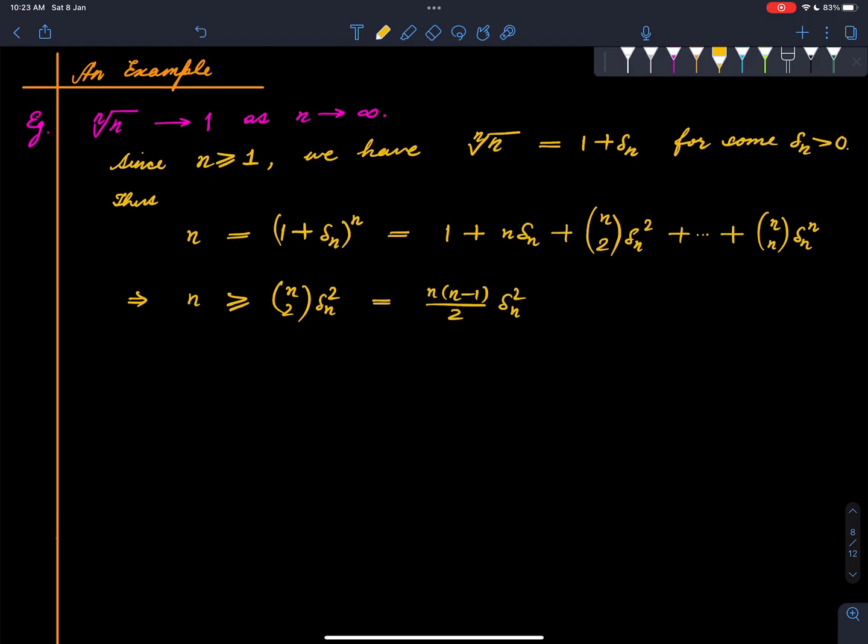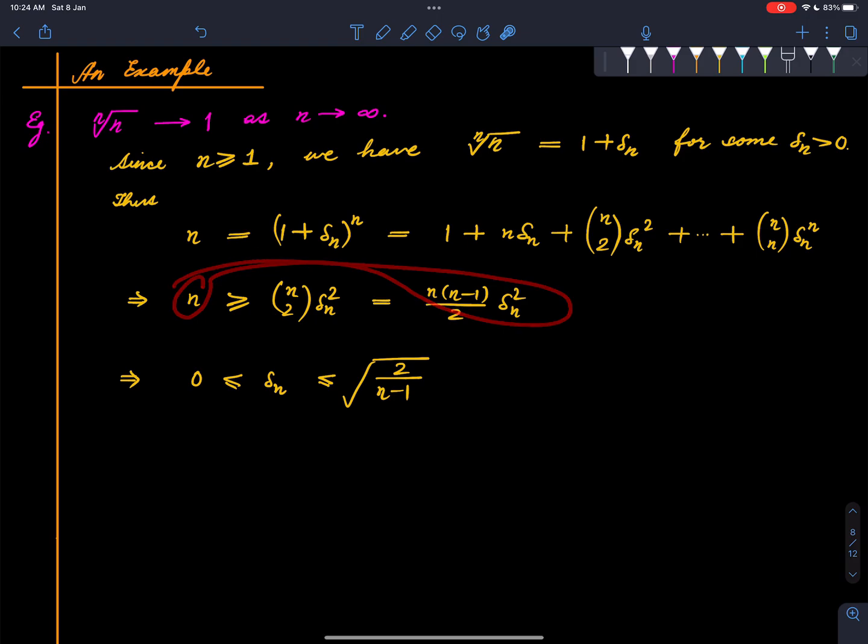Which implies 0 is less than or equal to delta_n is less than or equal to the square root of 2 over n minus 1. So all we did was use this and do the algebra.